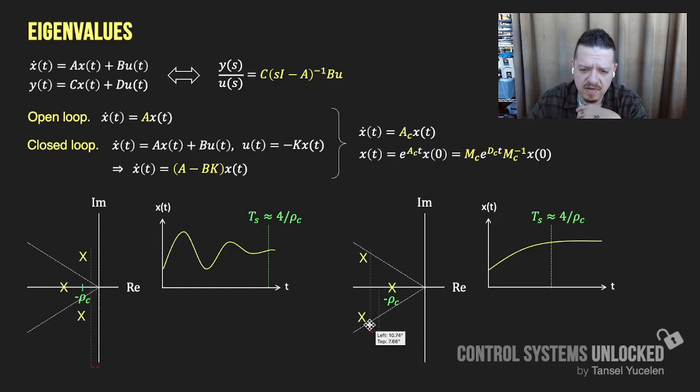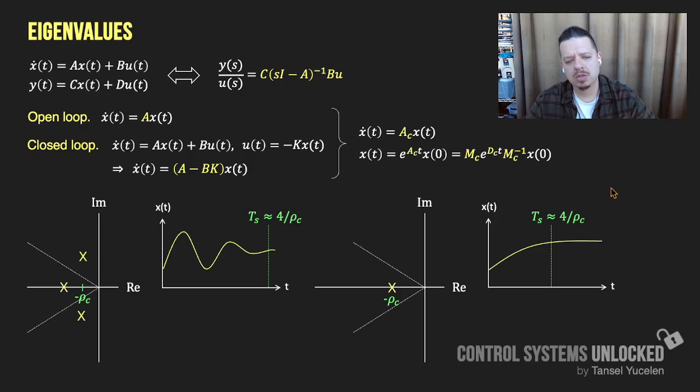But if you have eigenvalues like this, you can have more eigenvalues, complex conjugates of course, on the real axis like this, and the system behavior will be more or less like this. So this is a fifth order system behavior as compared to the first order system behavior like this, and it will be quite the same.